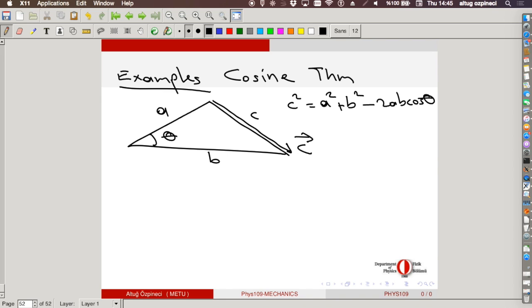We have the side with the length A. Let us define a vector that has the same length and goes along this side as the vector A, and this is the vector, let's call it B. So we have this triangle, and we have defined three vectors. Each one has the magnitude, the length of a given side, and is along that side. Once we have this, the vector C is nothing but the vector A plus the vector B.